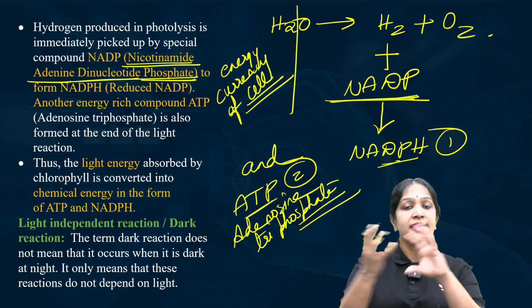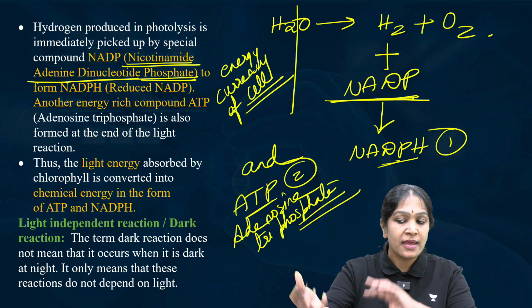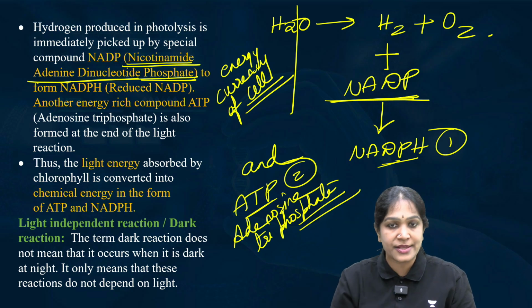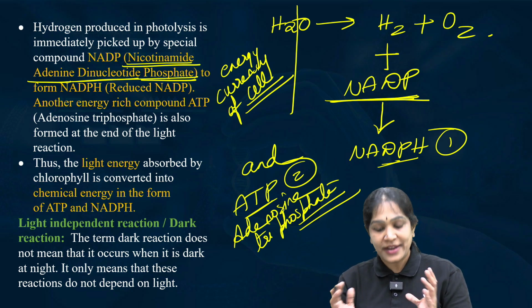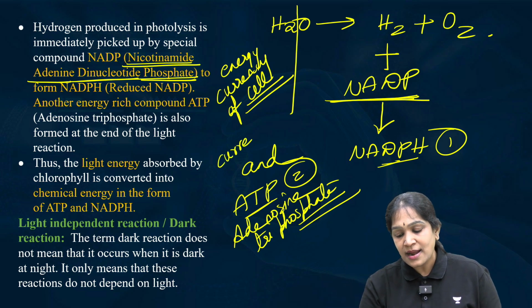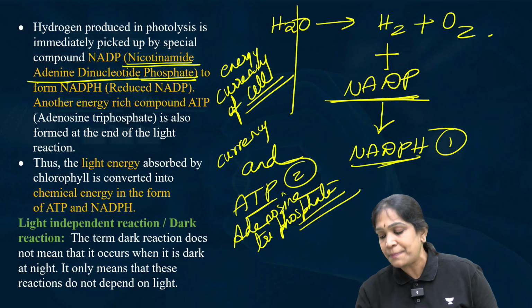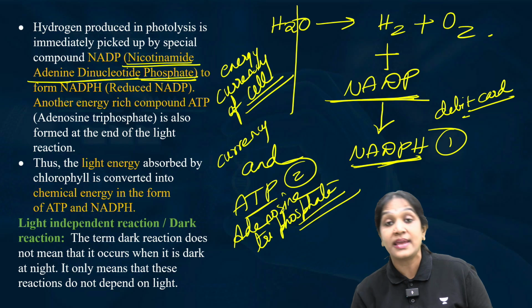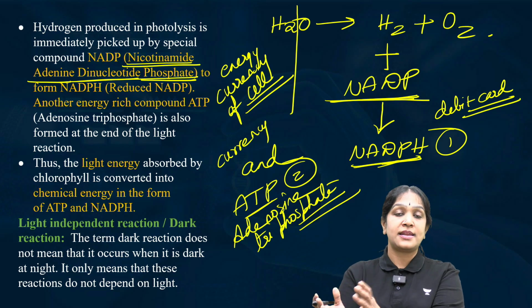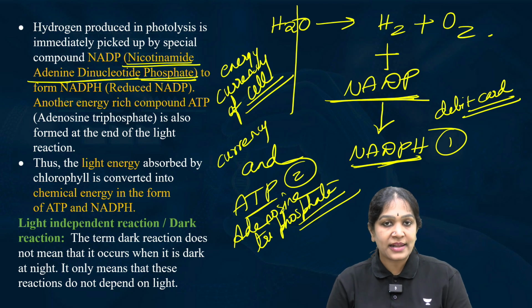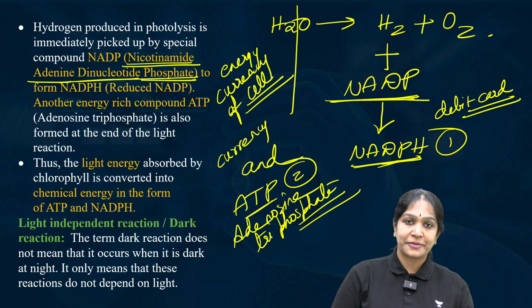Spending energy means spending ATP, gaining energy means gaining ATP or gaining NADPH. For example, I can compare ATP with currency and NADPH with your debit card. They both are like money of the cell, energy currency of the cell. With this step, the light reaction is completed.